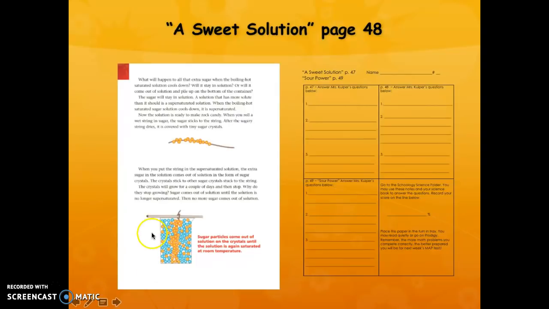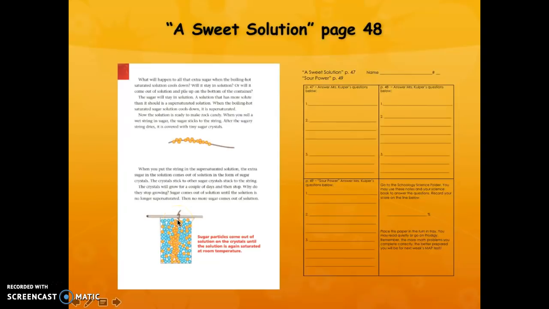So all of the extra supersaturated crystals form around the string, but then the rest of the sugar stays in the water because the water is able to hold it. It's saturated so it can hold the sugar, but it's no longer supersaturated. It got rid of all of the extra sugar.